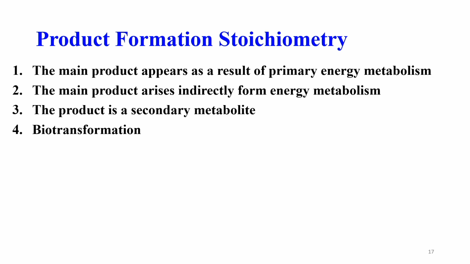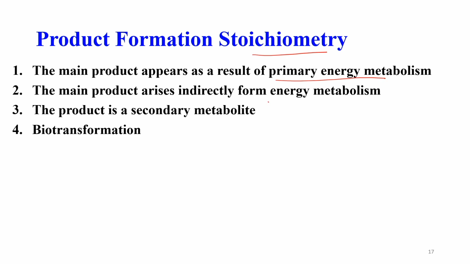Now, after understanding how the products are formed, we will proceed to the product formation stoichiometry, and it says that it may be the primary energy metabolism. It means the main product is formed during this primary energy metabolism process.